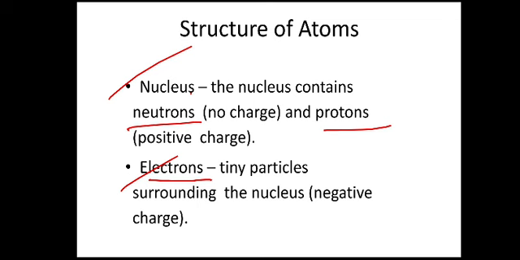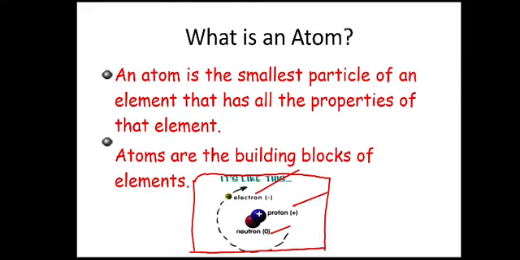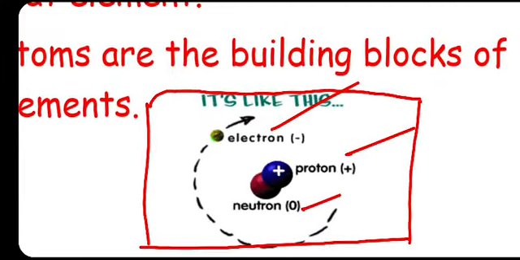Whenever a particle carries positive charge, I give the name in chemistry as proton. Whenever the particle carries a negative charge, I give the name in chemistry as electrons. And neutron plus proton together makes up my nucleus.